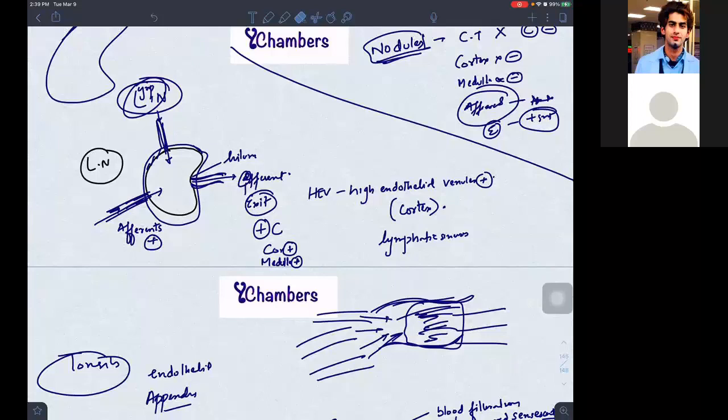The question is, where can you see the maximum number of T lymphocytes? I'm not saying the others don't have. Thymus, very nice. Who has the maximum amount of B lymphocytes? Bone marrow.